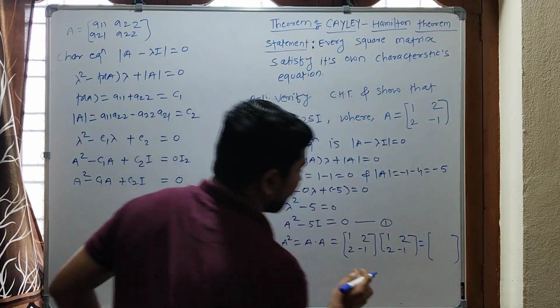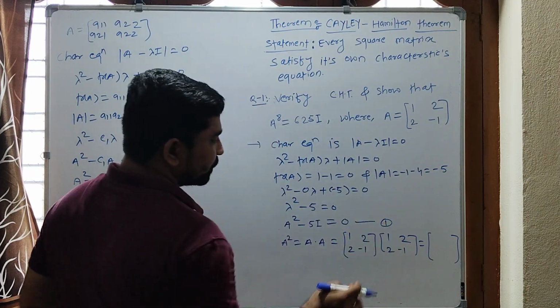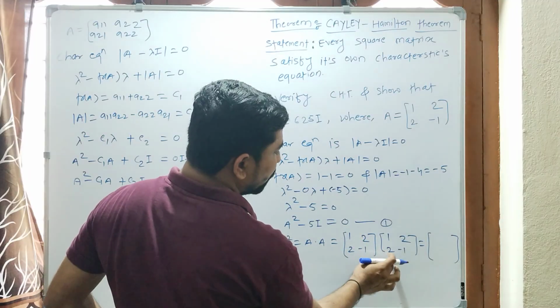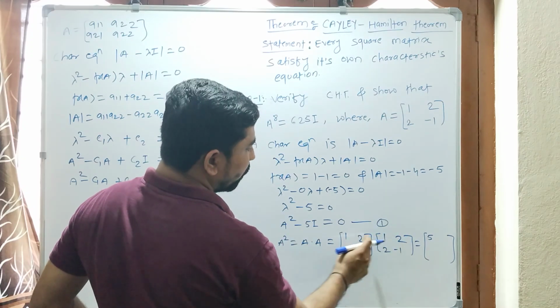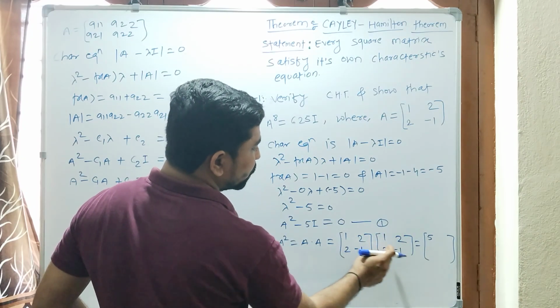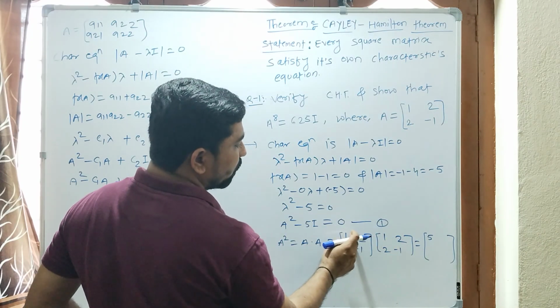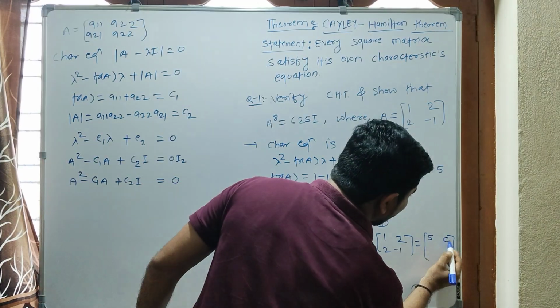Now 1 into 1 is 1 and 2 into 2 is 4, so 1 plus 4 is 5. Then 1 into 2 is 2, and 2 into minus 1 is minus 2, so 2 minus 2 is simply 0.